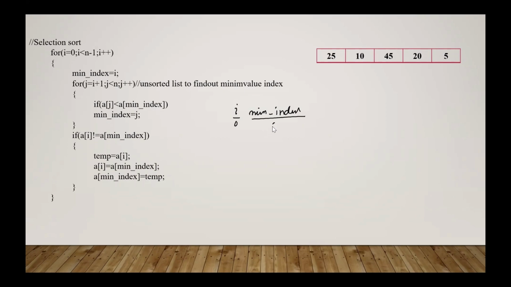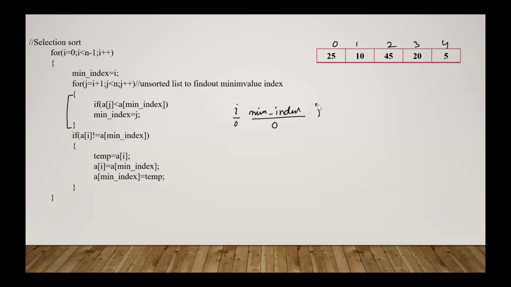For example, we assume the first value is the minimum value, that's why we make this min index. Then this loop is used to find the minimum value of the unsorted list, and from there we calculate the index.